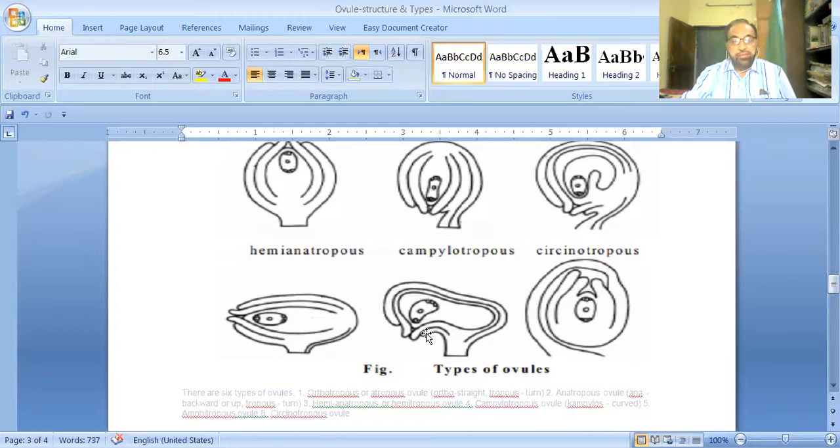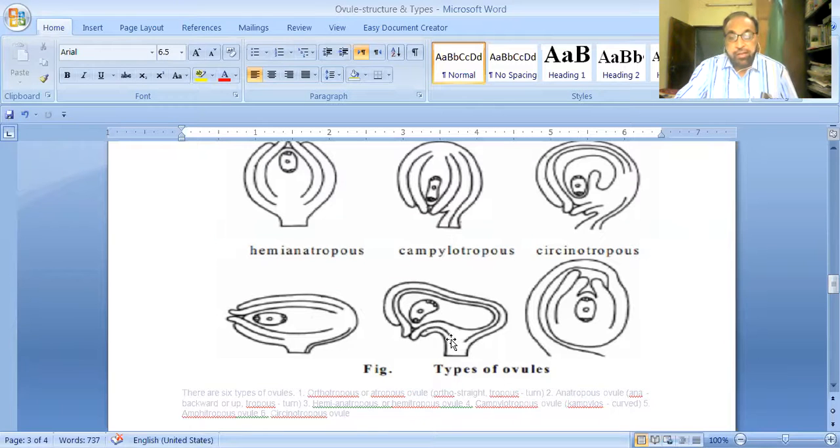While the next one is the campylotropous ovule. This campylotropous ovule is again a curved one, in such a way that the micropyle and chalaza do not lie on the same line. The micropyle and chalaza are not on the same line, and it has a curved shape.